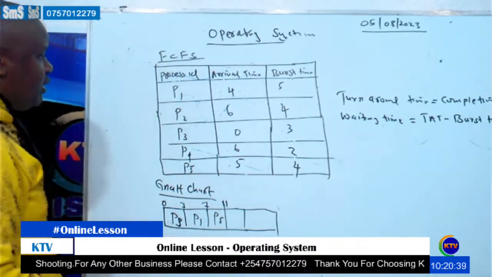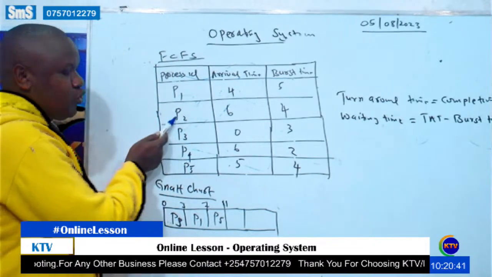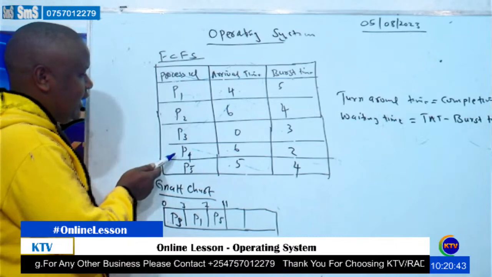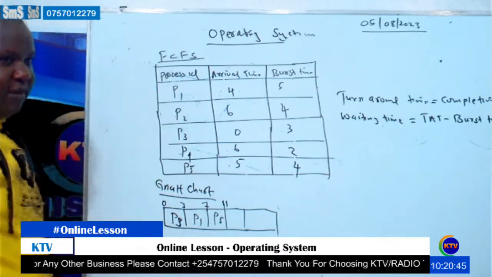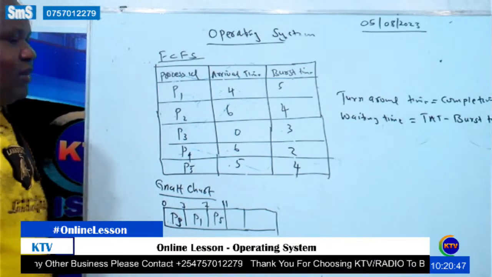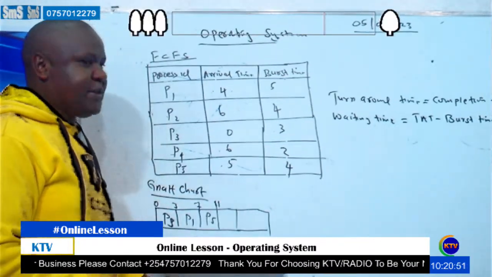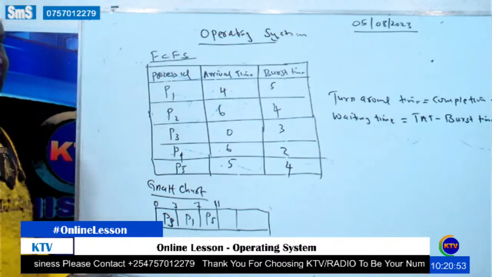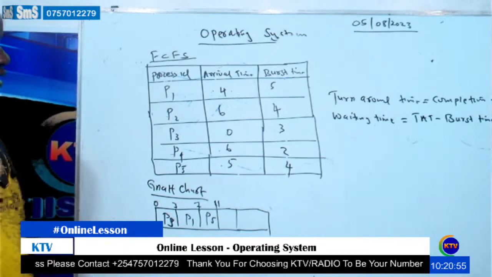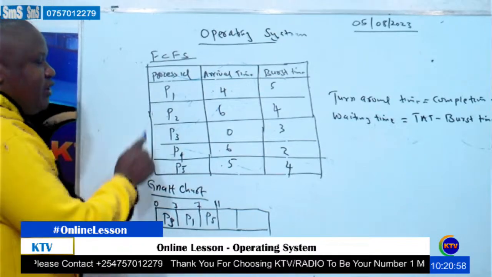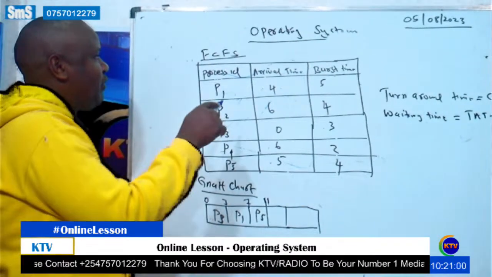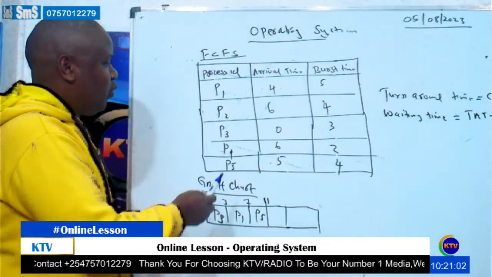Then which one followed? Now you see process 2 and process 4 arrived at the same time. In the case of a tie, what are we expected to do? According to first come, first serve, we don't look at the burst time, we look at the process ID.